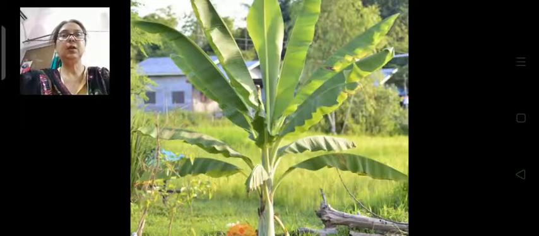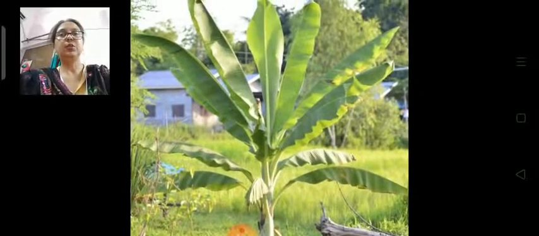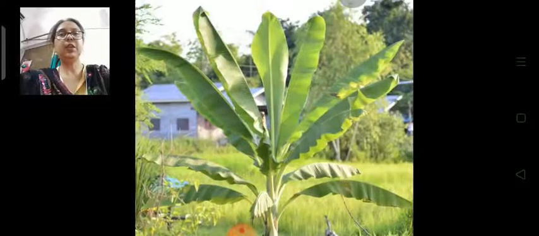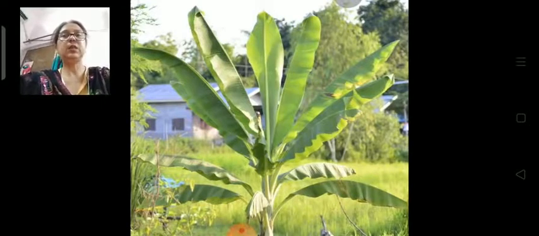This trunk is composed of the basal portion of leaf sheaths and is crowned with a rosette of 10 to 20 oblong to elliptic leaves that sometimes attain a length of 3 to 3.5 meters and a breadth of 65 centimeters.